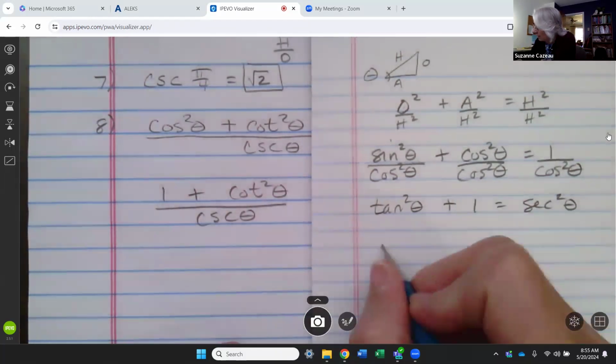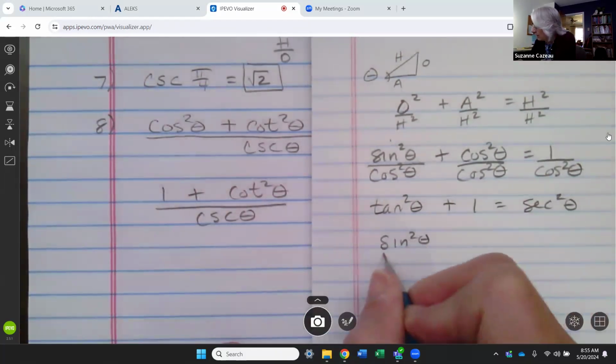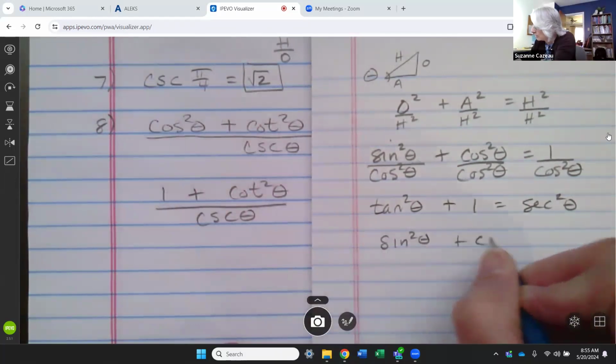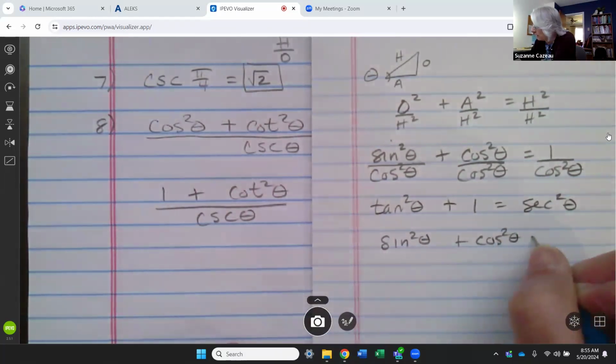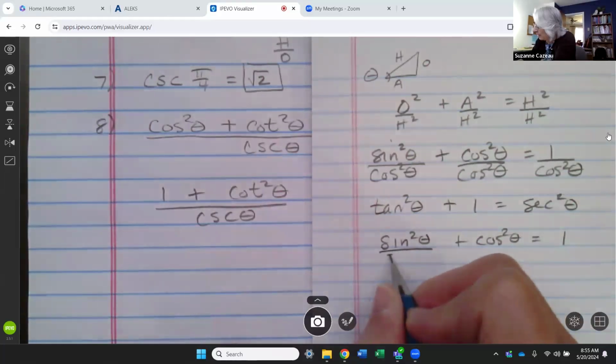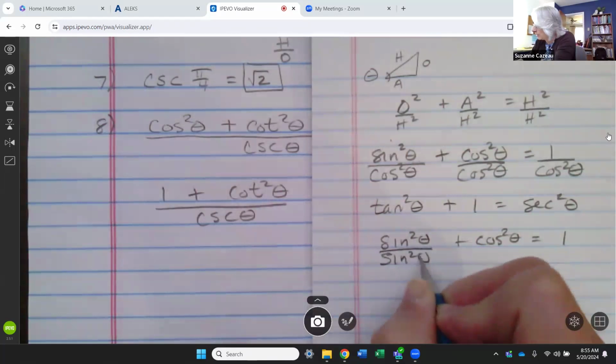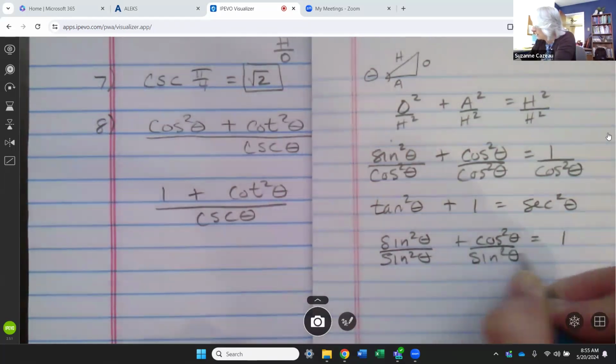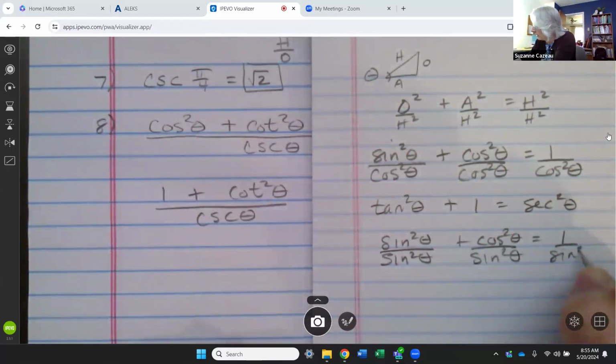Okay, so if I did the other one, sine squared theta plus cosine squared theta equals 1, and then divide by sine squared, which is what I wanted to do, sine squared, sine squared, sine squared, like that.